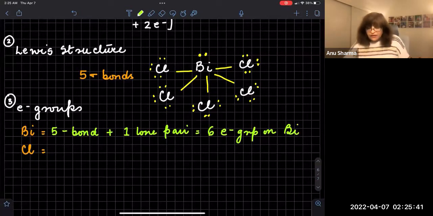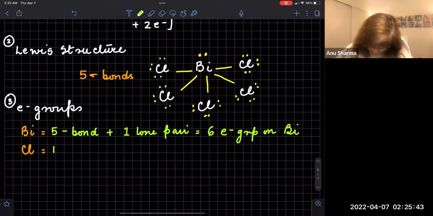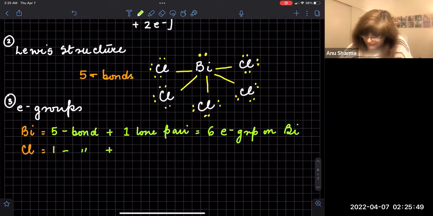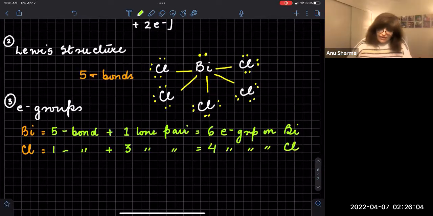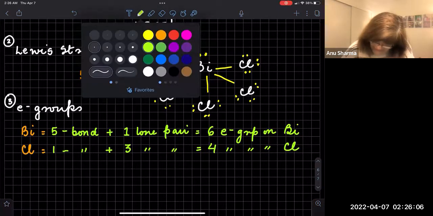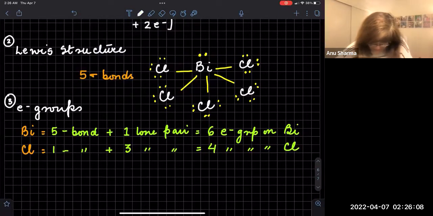Chlorine, on the other hand, has 1 single bond and 3 lone pairs, and 1 plus 3 is equal to 4 electron groups on chlorine. Now this is related to the type of hybridization.